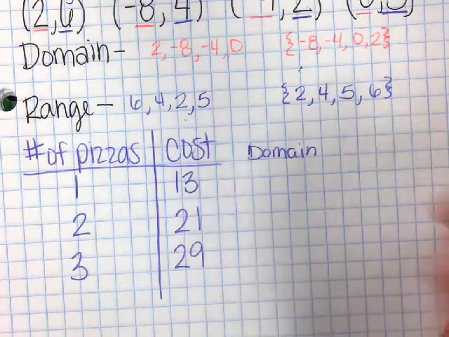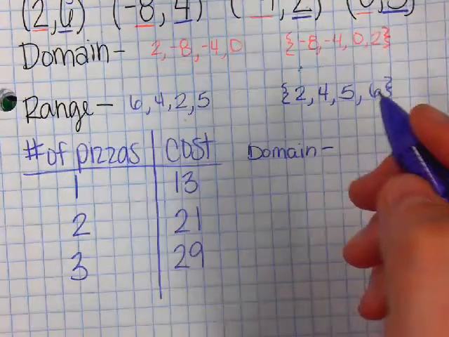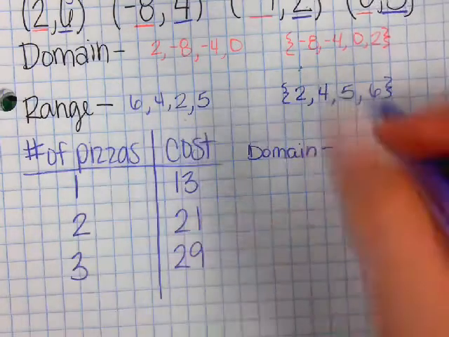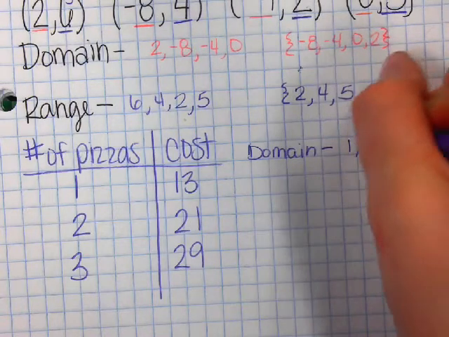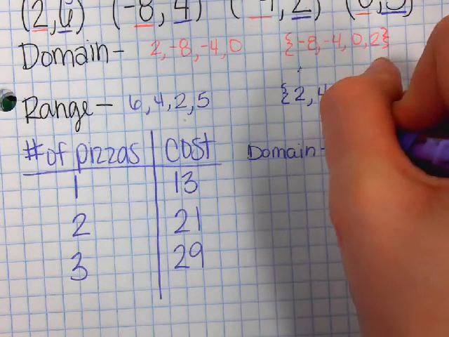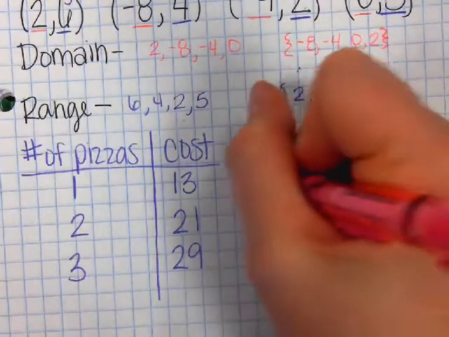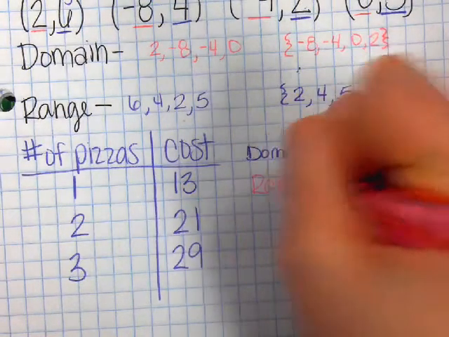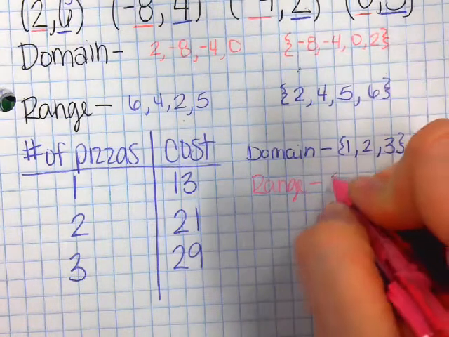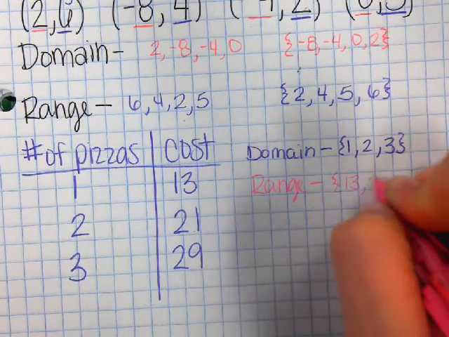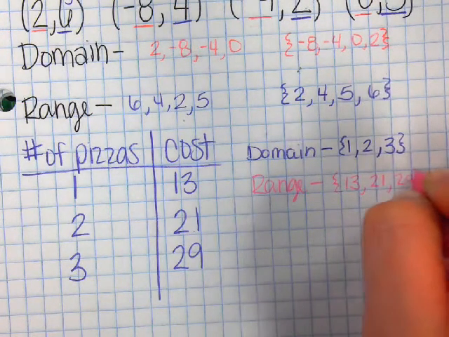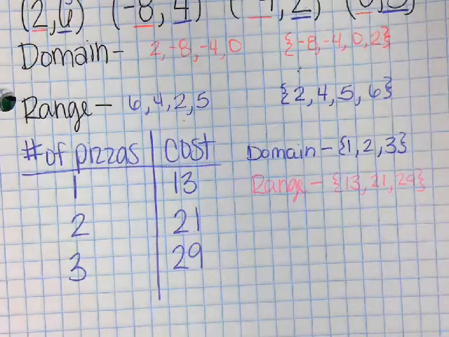Again, domain are the x values, or the independent, so number of pizzas. I could say 1, 2, 3. And then the range would be 13, 21, 29.